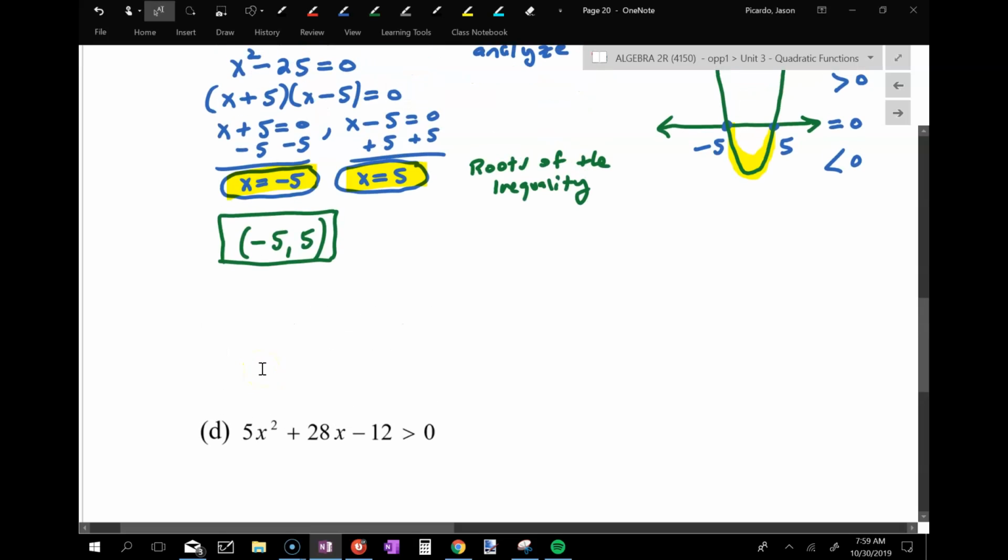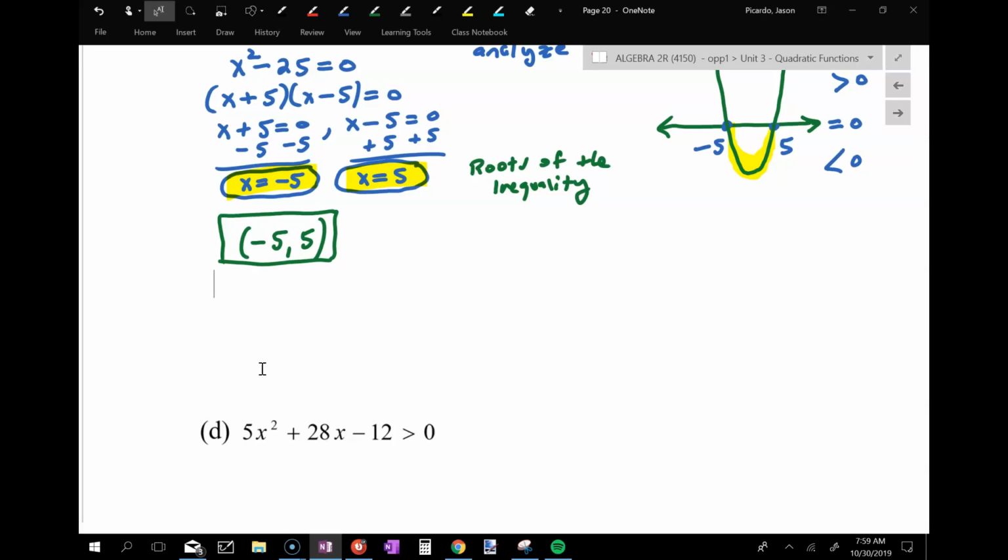Go ahead, guys, try that one. The factoring is going to be a little bit more challenging, right? But the actual process is the same.